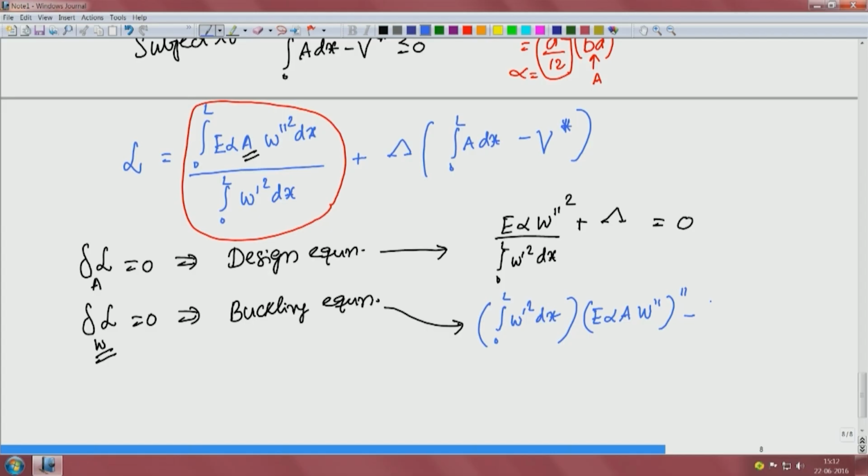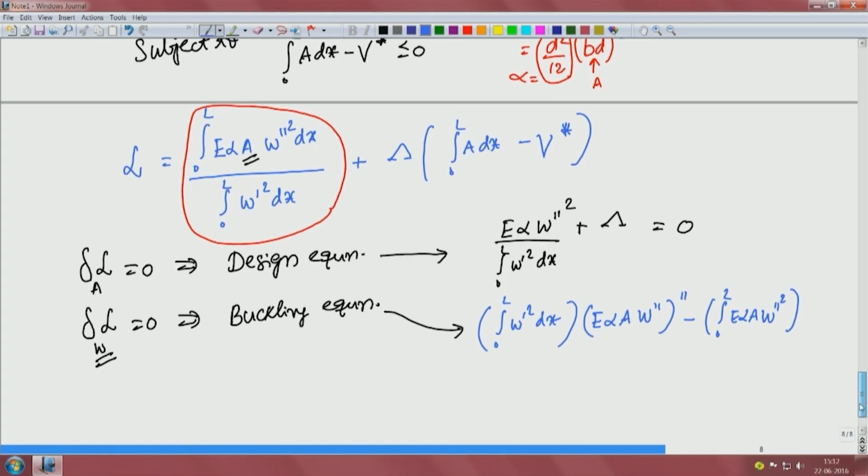Then minus the integral from 0 to L of E alpha A W double prime square. And then in the denominator we do not have A.